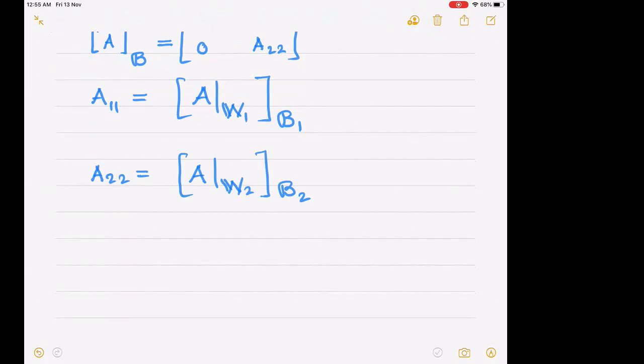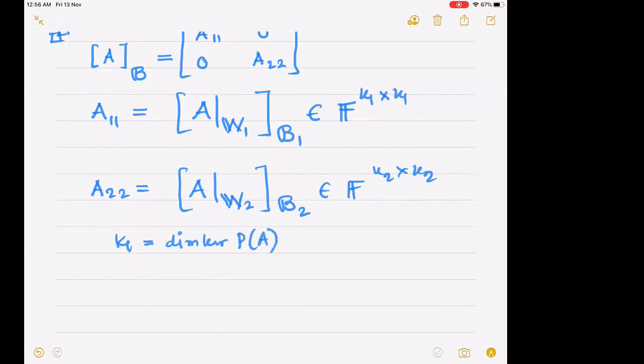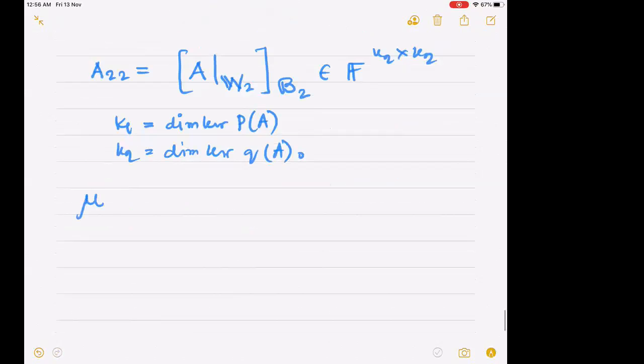Now, these two are matrices. As we have seen, A11 is in K1 cross K1 and A22 is in K2 cross K2, where K1 is the dimension of kernel p(A) and K2 is the dimension of kernel q(A). Now, let mu1(s) be the minimal polynomial of A11, which is also to say it is the minimal polynomial of the operator A restricted to W1.